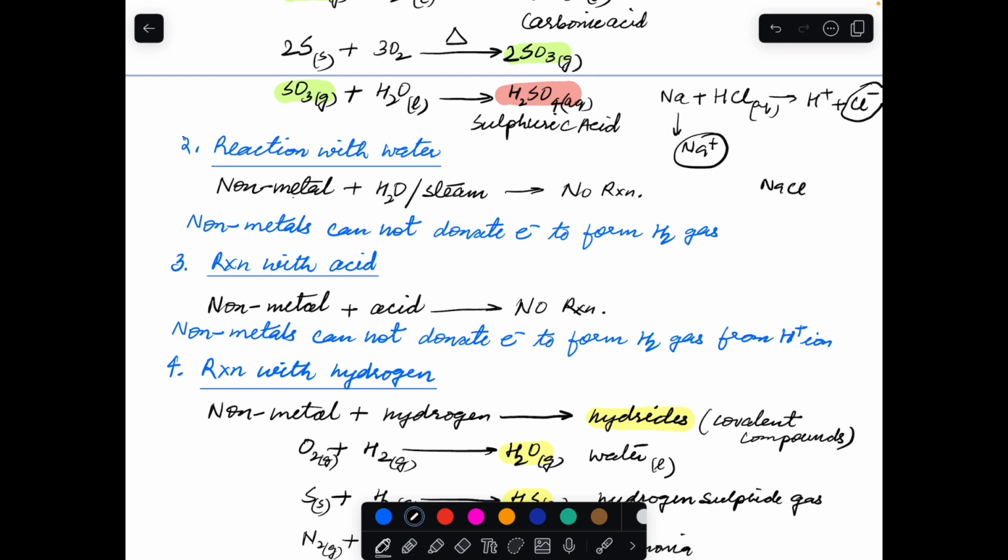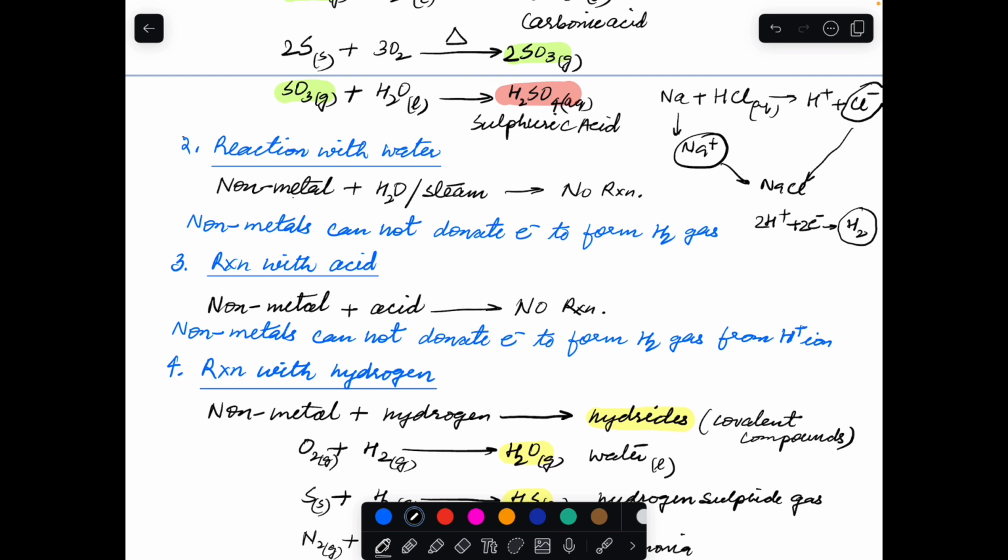The H+ ion will take the electrons lost by sodium to give you hydrogen gas. So this is how hydrogen gas is liberated when an acid reacts with any metal.